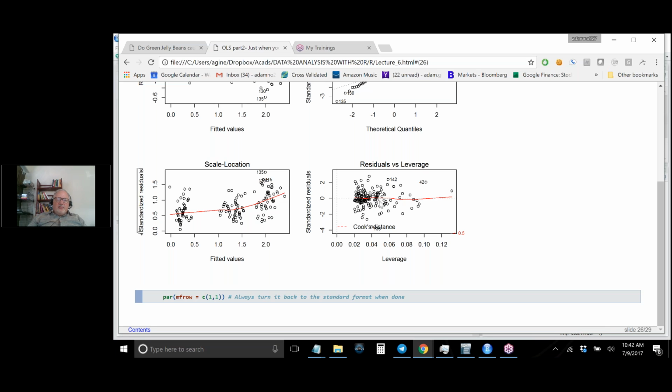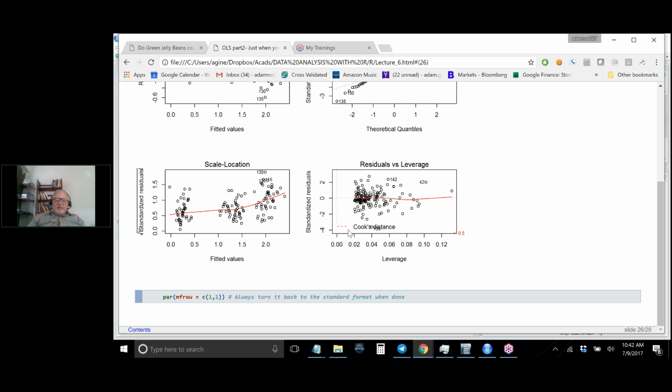And residuals versus leverage, that's a little bit hard to explain, but the main thing is this dotted line is Cook's distance. Cook's distance is a measure, a notion of how important a particular observation is.